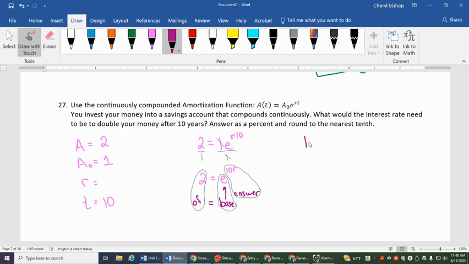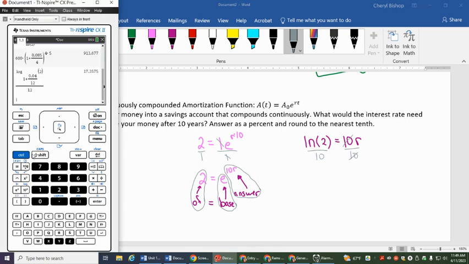E, which means we could do the natural log, right? Because that's log base E. The log base E of, what's my of? 2. Equals the answer, what's the answer? 10r. How do I get r all by itself? Divide by 10.